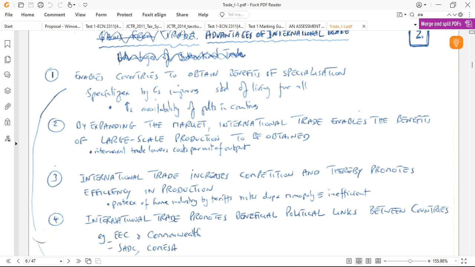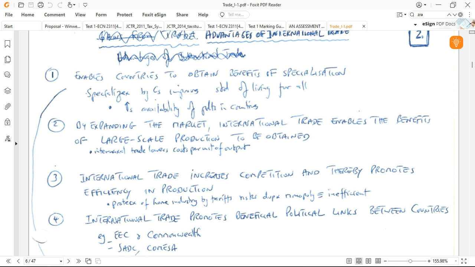Therefore, this will allow us to produce on a larger scale. So international trade is going to more like expand the market, which will ultimately reduce the production costs of the trading members, and ultimately these guys will be able to produce on a larger scale.